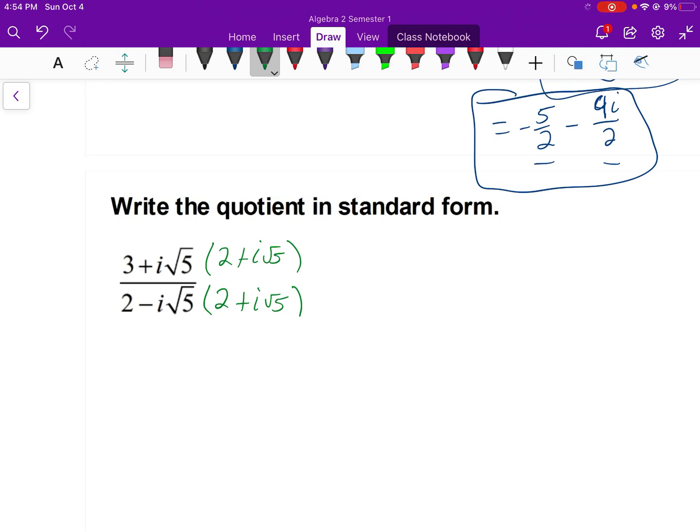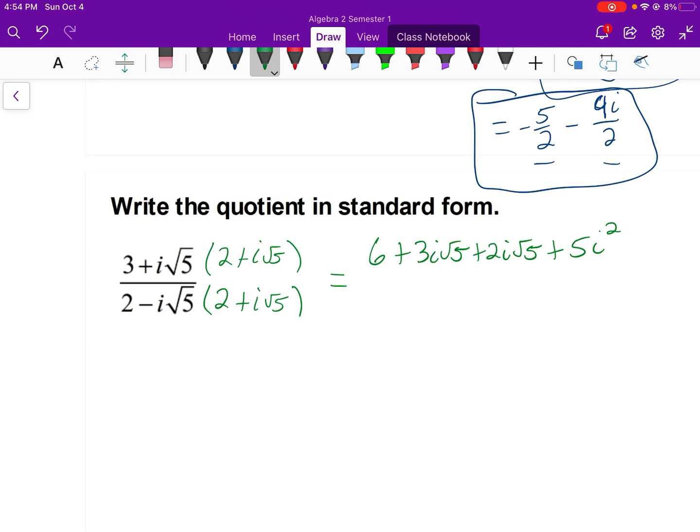So, foiling out, 6 plus 3i root 5 plus 2i root 5, and then finally plus 5i squared. Because when you multiply square root of 5 times square root of 5, that's square root of 25, which simplifies to 5.